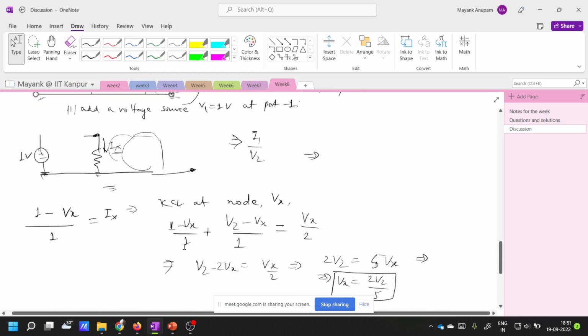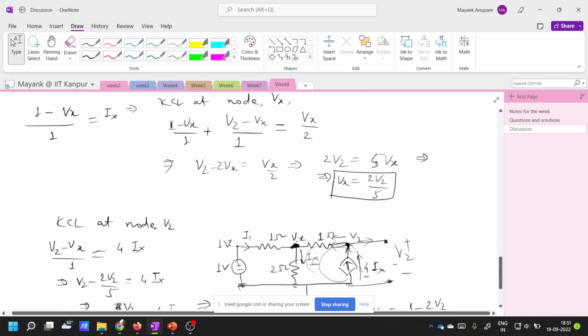So 1 minus Vx by 1 plus V2 minus Vx by 1 ohm is equal to Vx by 2, the current entering this node should be equal to the current leaving this node. So 1 minus Vx, 1 minus Vx, V2 minus Vx. I missed one here.